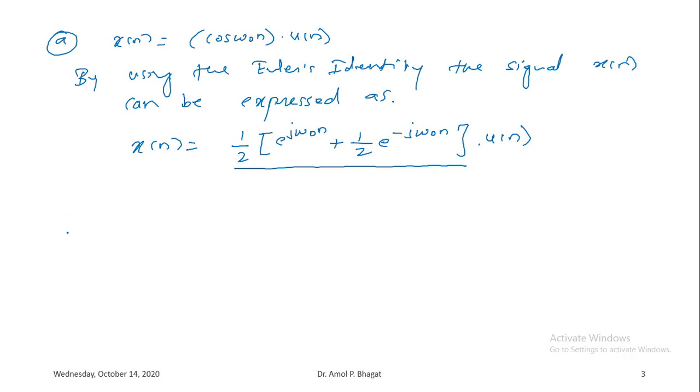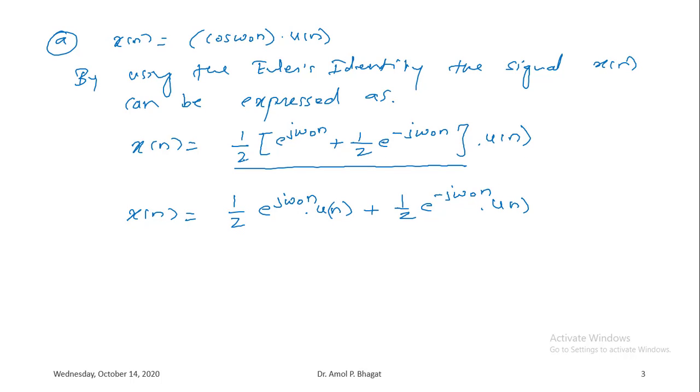According to the linearity property, initially you can separate this signal as x of n is equal to 1 by 2 e to the power j omega 0 n into u of n plus 1 by 2 e to the power minus j omega 0 n into u of n.